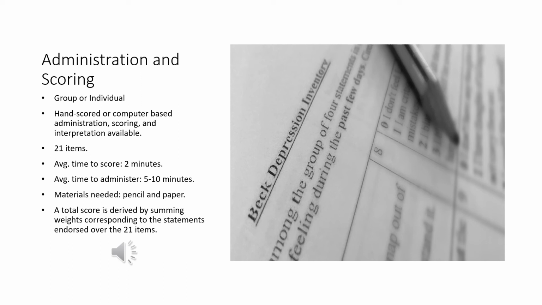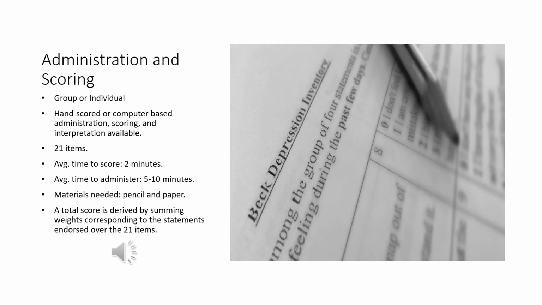Administration and scoring. It can be given to a group or an individual. It's total scores only. It's hand-scored or computer-based administration. Scoring and interpretations also are available. The number of items is 21. The average time to score is about 2 minutes. Average time to administer is about 5 to 10.